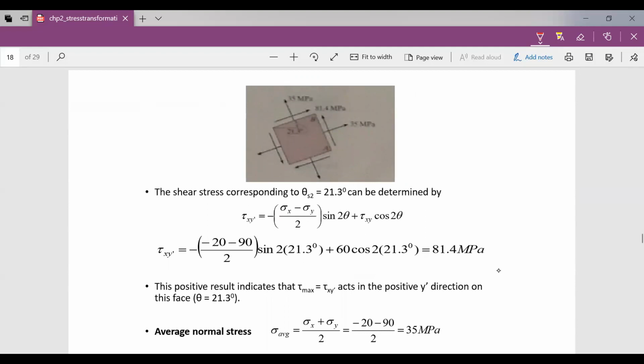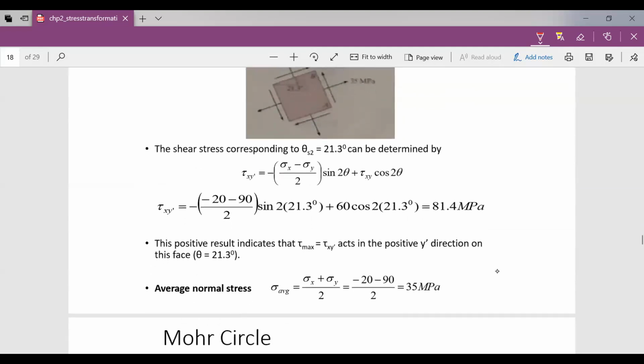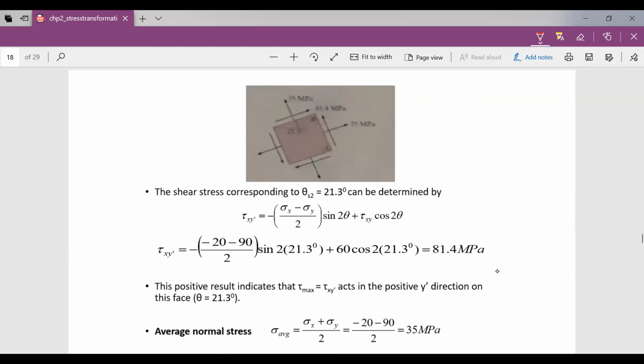This positive result indicates that tau max is equal to tau x'y', in the positive y prime direction on its face. Average normal stress is always calculated by sigma x plus sigma y divided by 2, where we get the average as 35 megapascal.